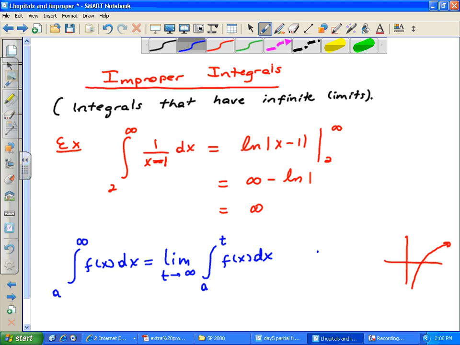Let me show you with a picture what we mean by this. See, this is your function f of x. Say this is the point a. And to answer the original question, to find the integral from a to infinity of f of x dx, basically you would need to find this area under this blue curve, which we call the f of x function.